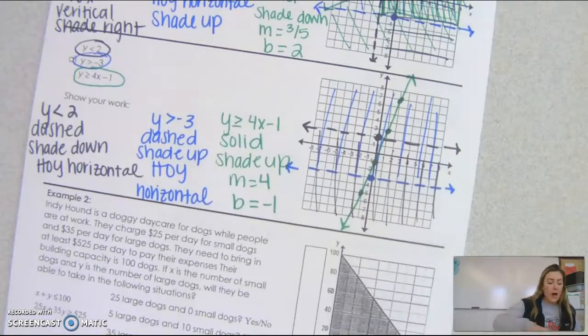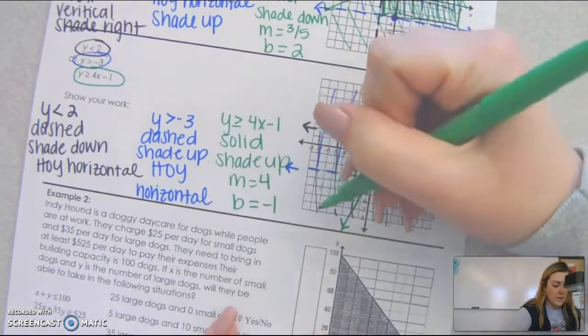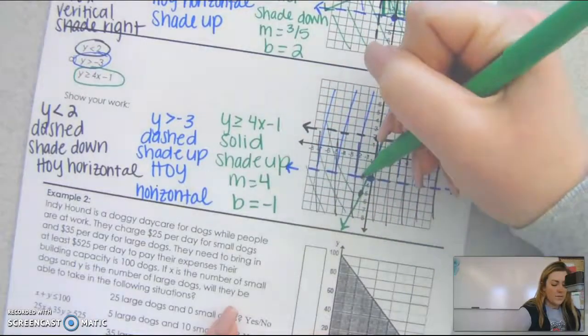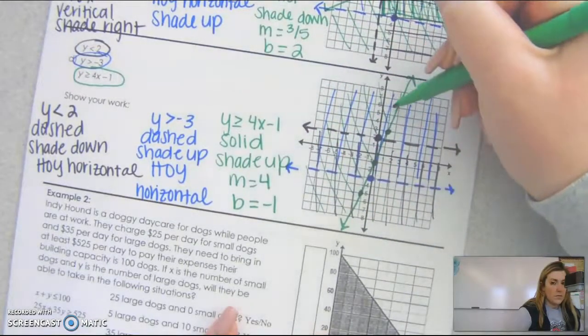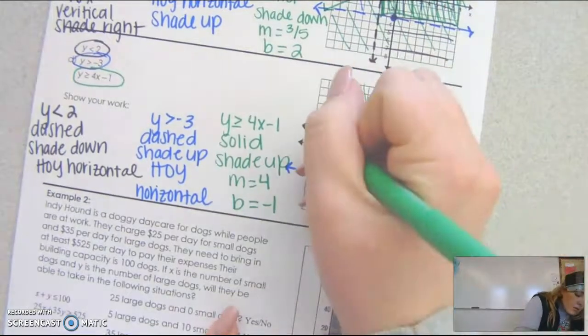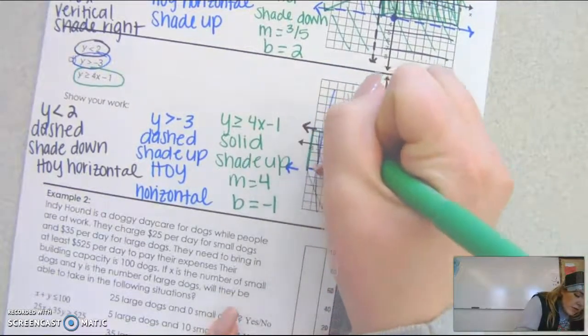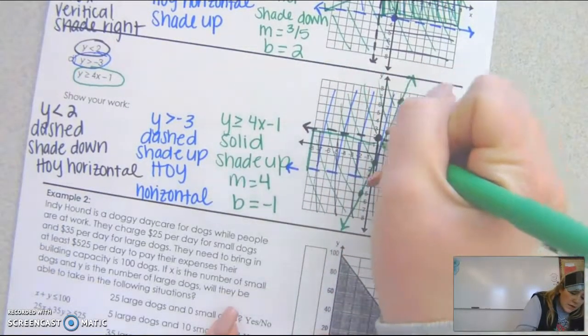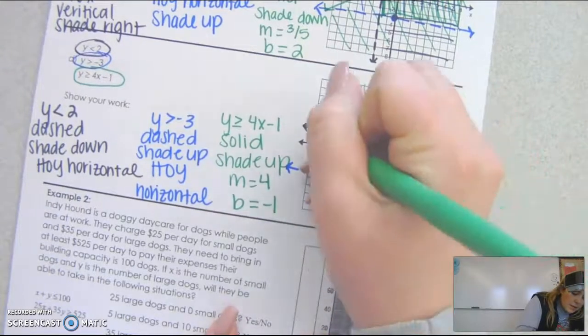Now I know that I need to shade up, so it's going to be this way. My triple shading is right here. This is kind of like a little box.